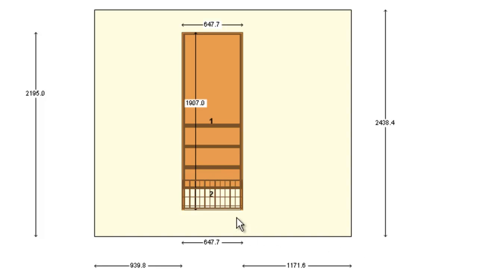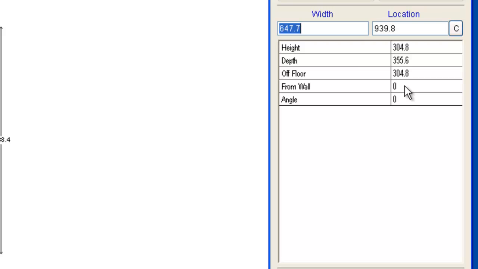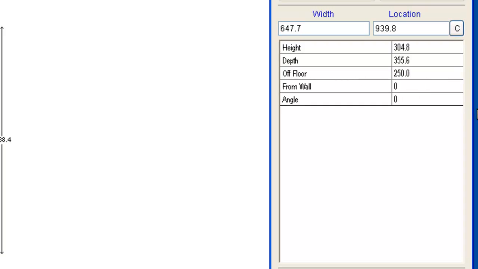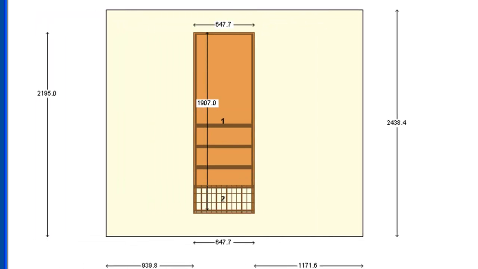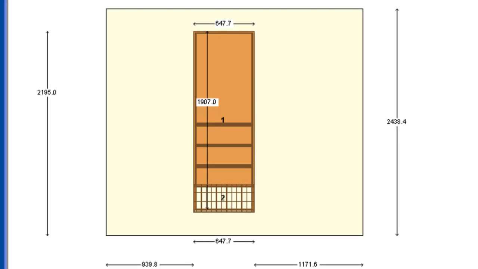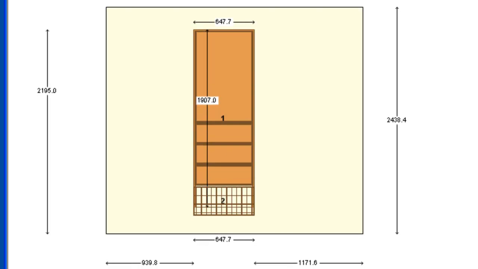Click OK. Now you see it's sitting up quite high, and I don't want it quite that high, so off of floor I'm going to change that to 250 mils, and it's still a little bit high, so let's change that to 200 mils. There we go. So that looks a bit better.